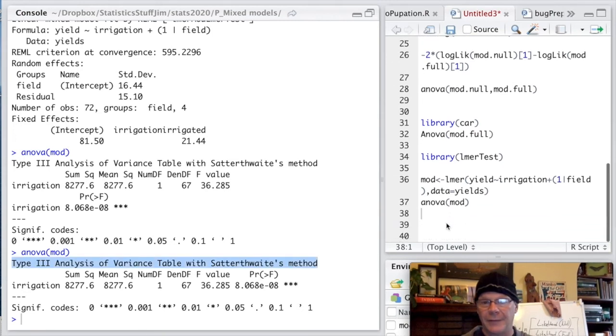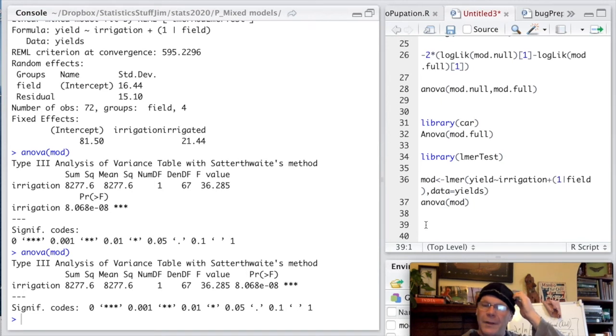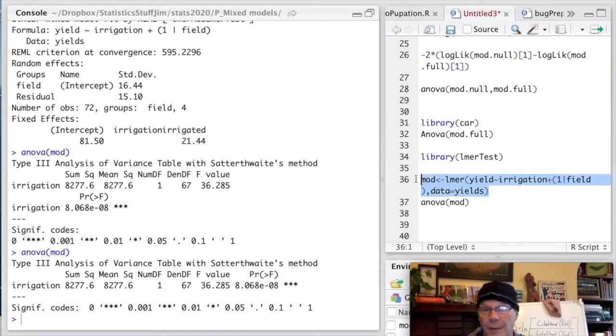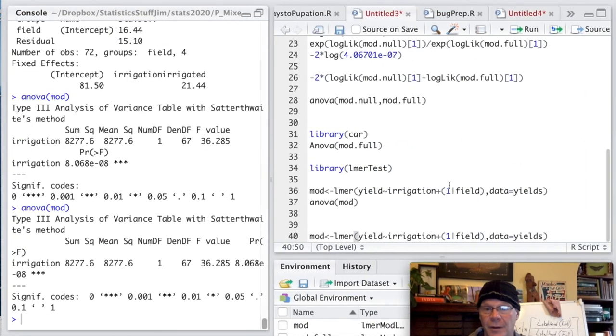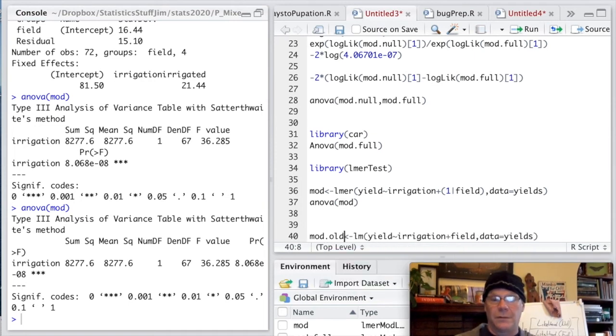Yeah, so we can do one more thing. Since we've got time, let's think about the old school way of doing things. The old school way, before we were using REML, or restricted maximum likelihood, for the error term, would have been to simply put field in the model. And I will call this old school.